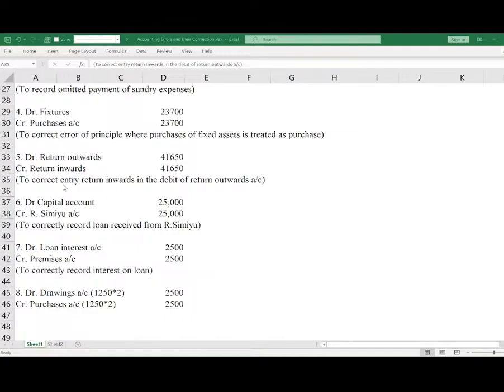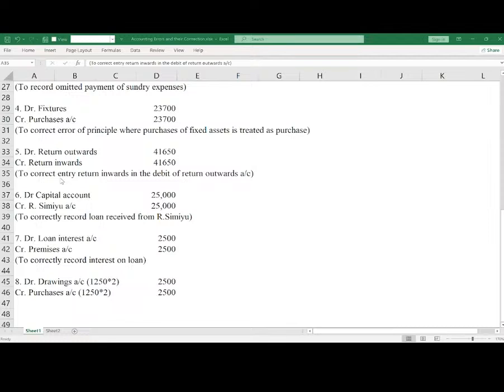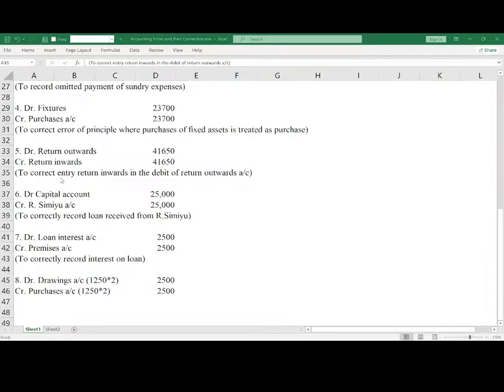So let's continue. For number 6, we are told a loan from SMU for 25,000 had been entered on the credit side of capital account. So we want to correct this. So the loan, we are going to debit the capital account with 25,000, and then we credit now the SMU account with 25,000.